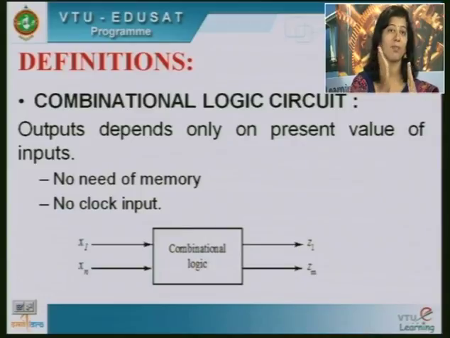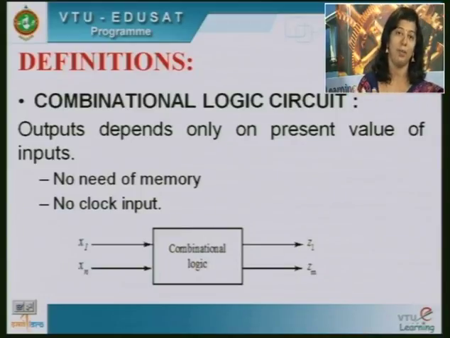Stage 1 may be AND gates, stage 2 may be OR gates, and so on. If it's a sum of products expression you are realizing, then you will have two stages, one stage of AND gates and one stage of OR gates, and the total propagation delay from input to output will be the delay of one AND gate and one OR gate. So it is quite small.